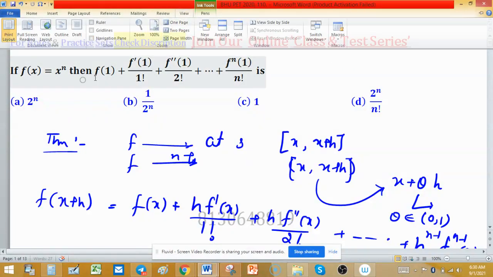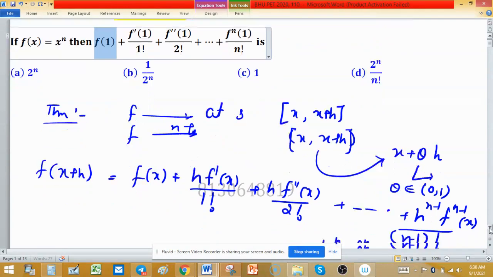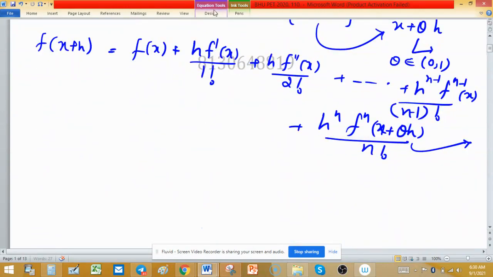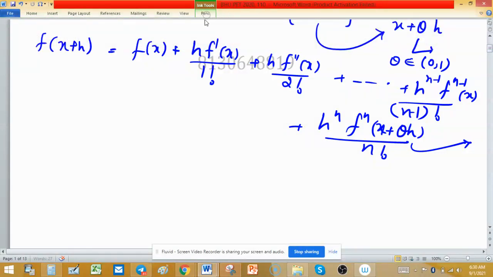As you can see, f(1), f'(1)/1!, f''(1)/2!, and f^(n)(1)/n!. Because f(1) is there, I can consider the domain of the interval as 1 to 1+h.